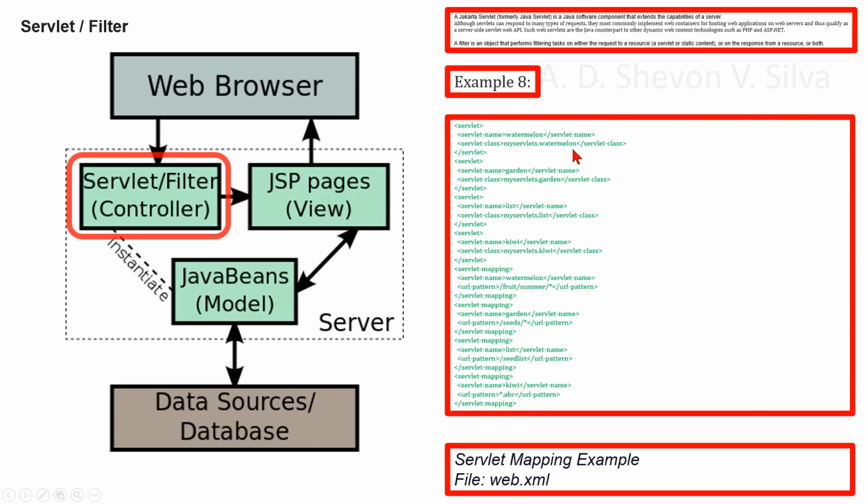Or instead of specifying a servlet class, you can specify a JSP. The servlet element also contains definitions for initialization attributes and security roles for the servlet. The second entry in the web.xml, the servlet mapping element, defines the URL pattern that calls the servlet.